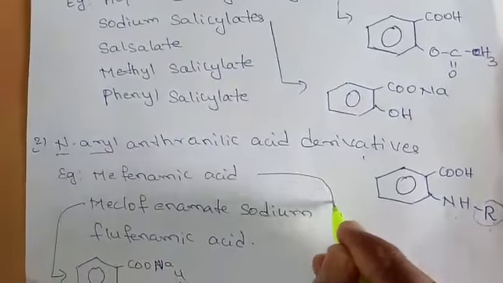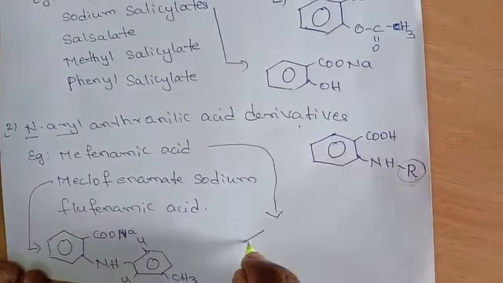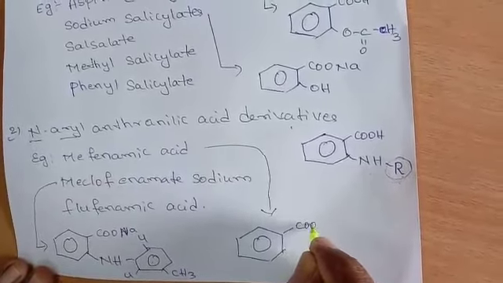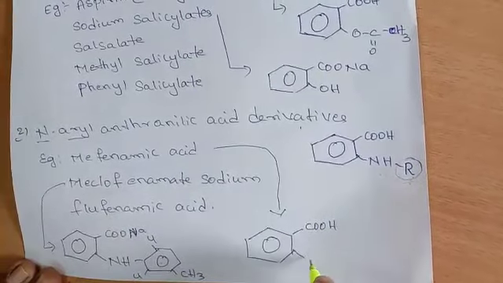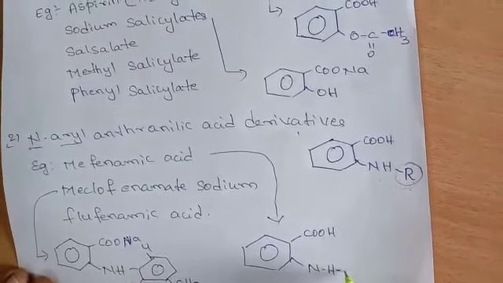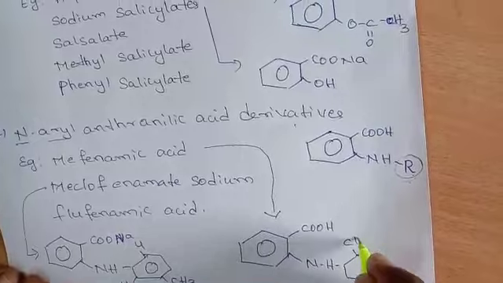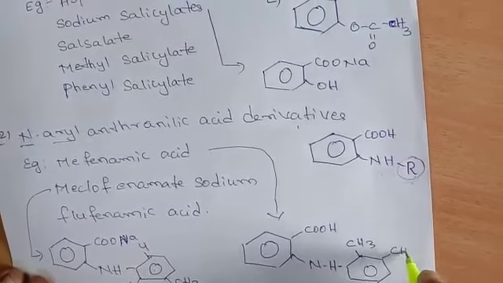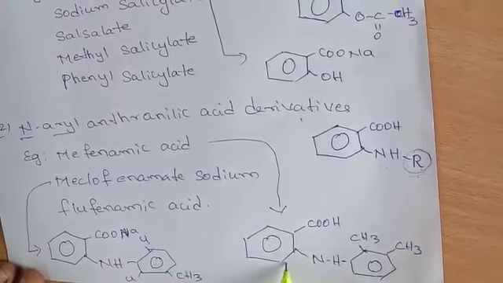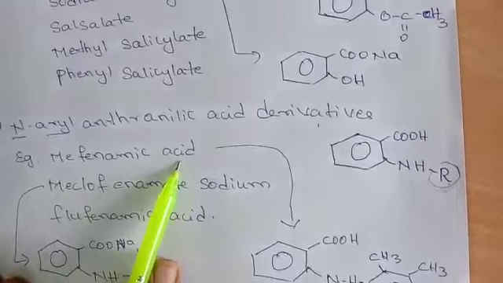When we see the example of mefenamic acid, here also the hydrogen of this amino group is replaced by dimethyl phenyl. So dimethyl phenyl anthranilic acid is mefenamic acid.